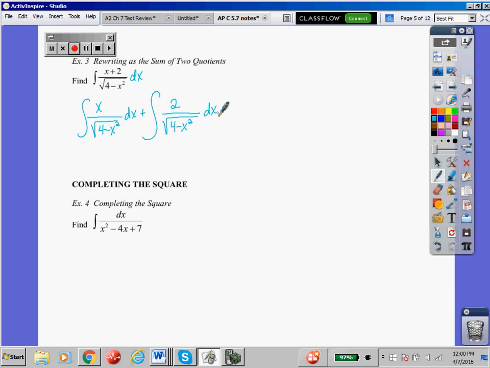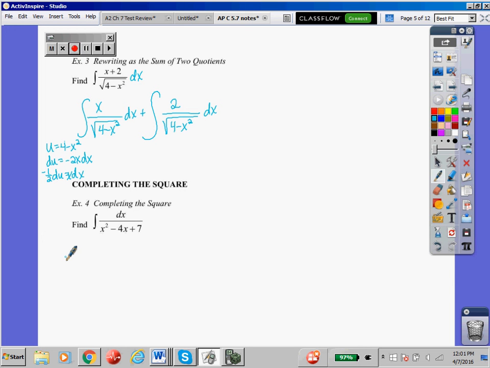All right, so here's the deal. In this first integral, I can do u is 4 minus x squared, and du is negative 2x dx. Well, I have an x dx, so I'm going to divide by the negative 2 and get negative 1/2 du equals x dx.